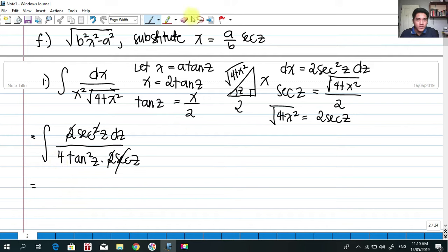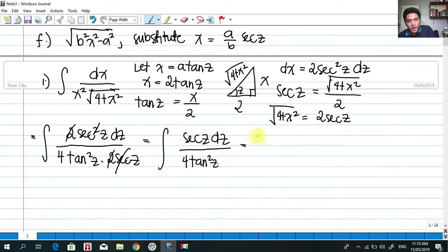So let me just rewrite it here so that you can see it. We can save some space. That's the integral of secant of z dz over 4 tangent squared z. We can factor out 1/4 outside of the integral, and we are left with secant z dz over tangent squared z.